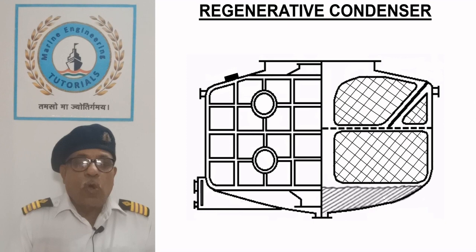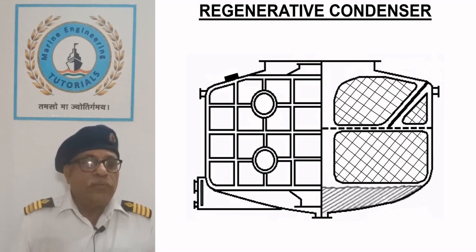Condensers used on motor ships do not have the regenerative feature. Degree of undercooling should be minimum to reduce the fuel consumption in the boiler and improve its efficiency. Regenerative ability of the condenser avoids this thermal loss.